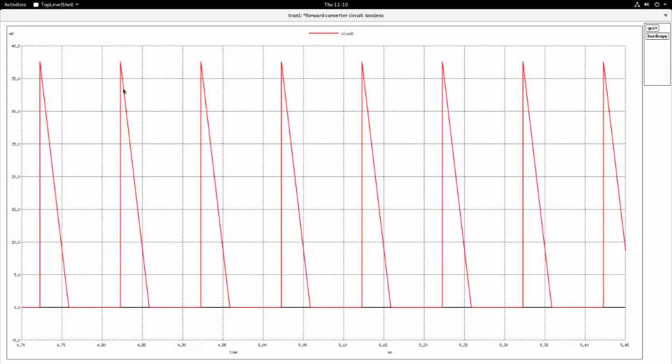This is the magnetizing current which linearly falls down to 0, because a constant voltage is applied across the demagnetizing winding, as the demagnetizing winding is pumping this energy, this current, into the supply. So this is happening during the time when the switch is off. So let us probably compare this with the lossy forward converter circuit where it was exponential, so that it will give some insight into that.